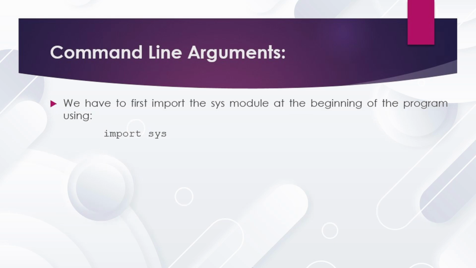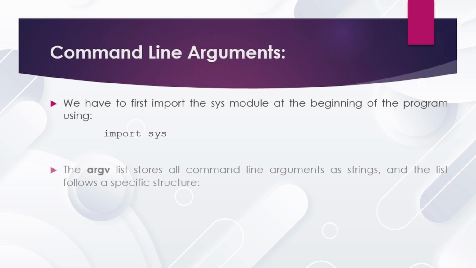This means that to work with command line arguments, we must first import the sys module at the beginning of our program using the line import sys. The argv list stores all command line arguments as strings, regardless of whether they represent numbers, text, or other data types.